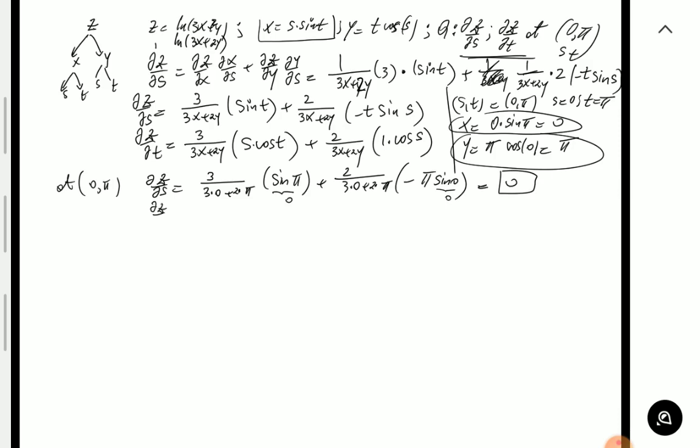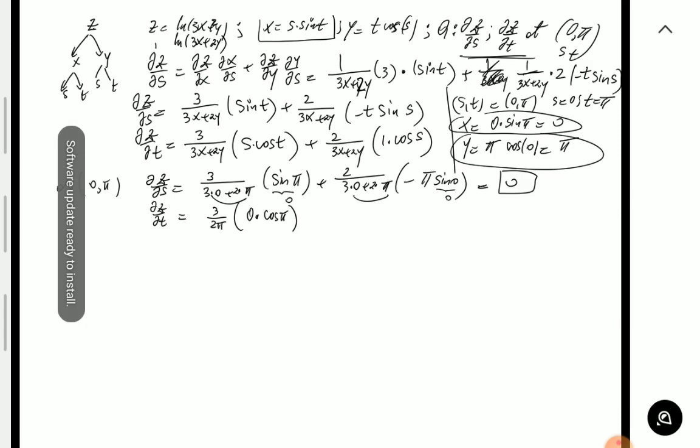And for the other partial derivative, we again copy the partials with respect to x and y, because those are the same. So that's going to be 3 over 2 pi, but now in the parentheses I have s, which is 0, times cosine of pi, plus 2 over 2 pi, but now times 1 times cosine of s.